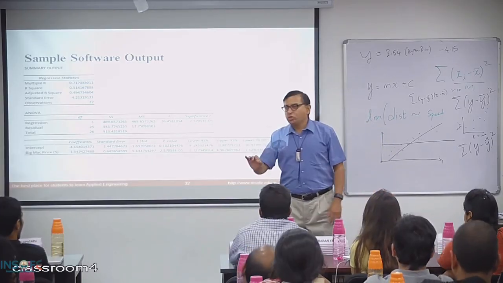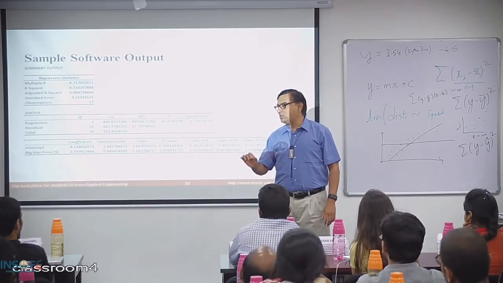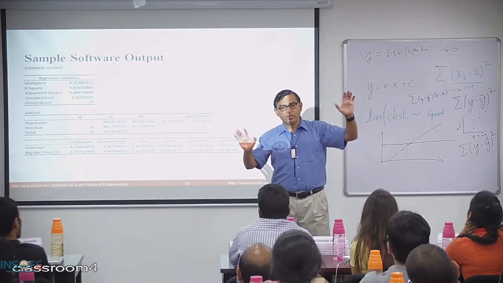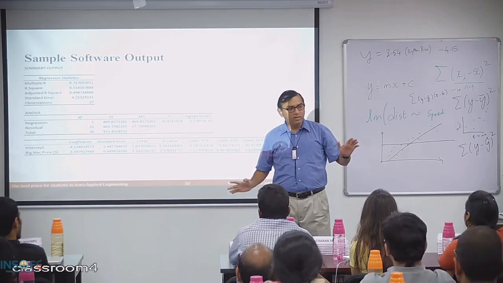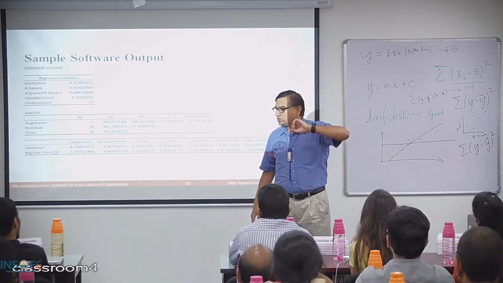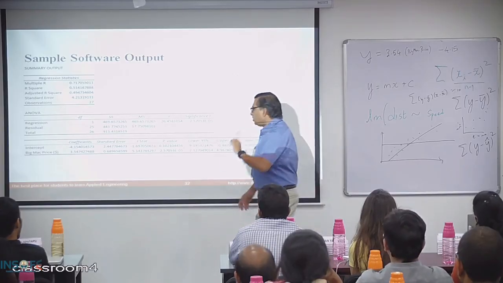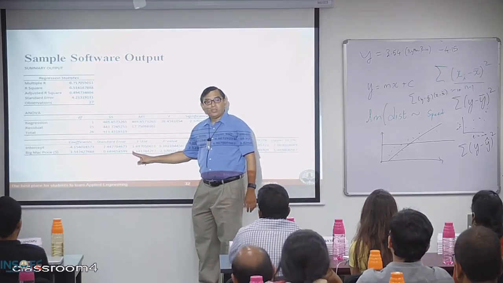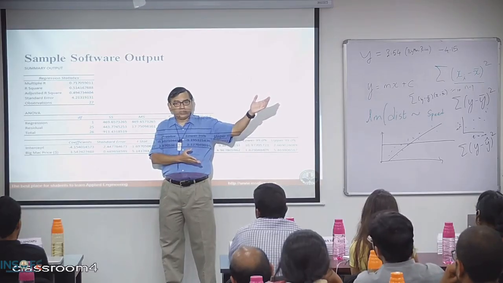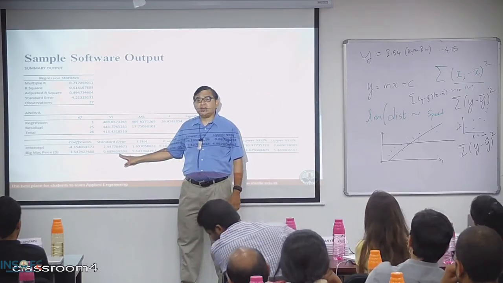For the regression problem, the null hypothesis is that the variables that you are analyzing are not related and the slope value is actually 0. What is being measured here? The fit gives you one slope for the given data. It also gives you the standard error.